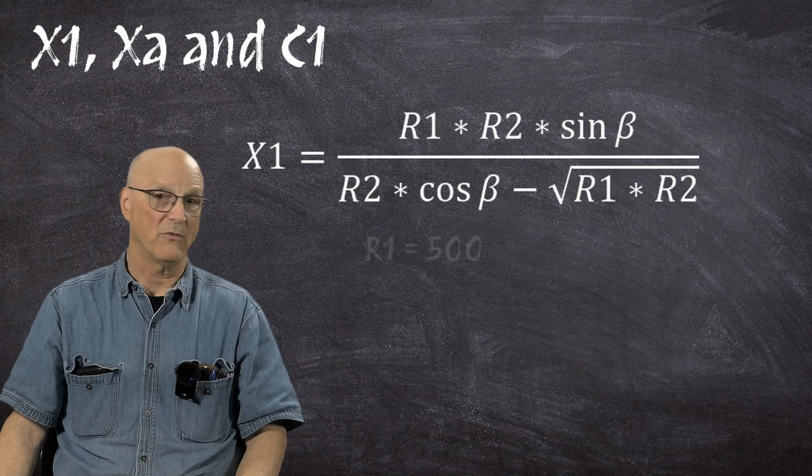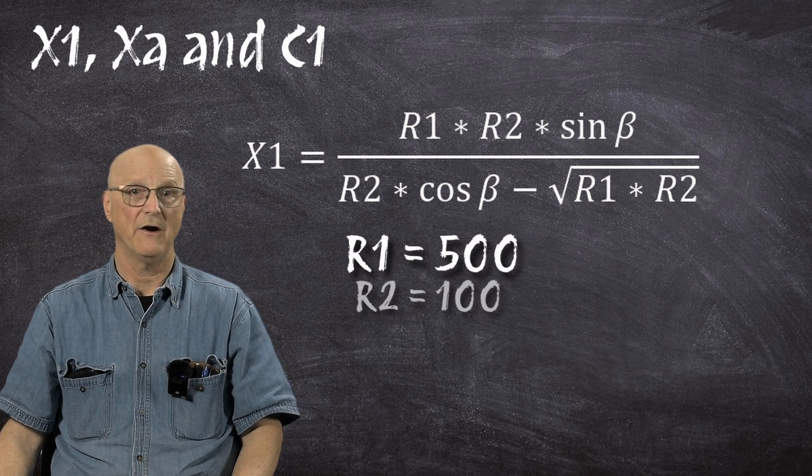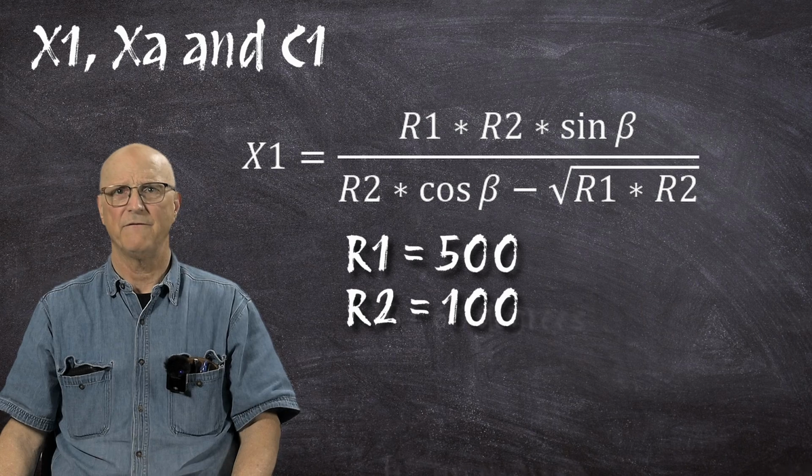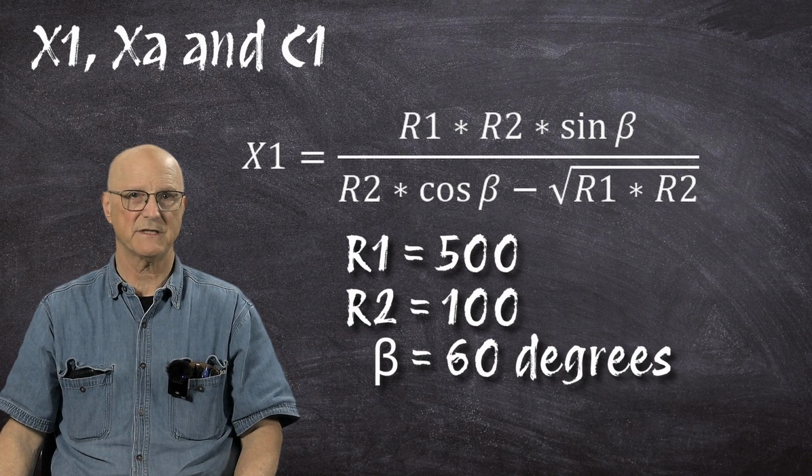And we know that R1 is equal to 500, R2 is equal to 100, the phase angle beta is equal to 60 degrees.